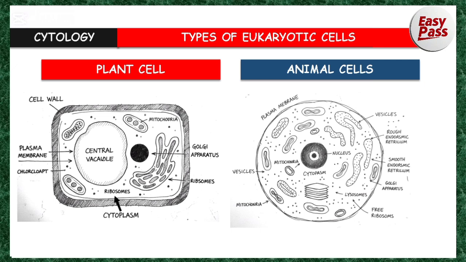And some organelles can also be seen labeled on the board. We have the mitochondrion, we have the chloroplast, we have the Golgi complex, we have the rough endoplasmic reticulum, we have the smooth endoplasmic reticulum, we have the cell wall, we have the cell membrane, we have the large vacuole. These are some of the organelles present in the cell.